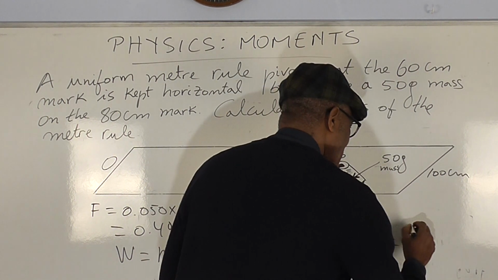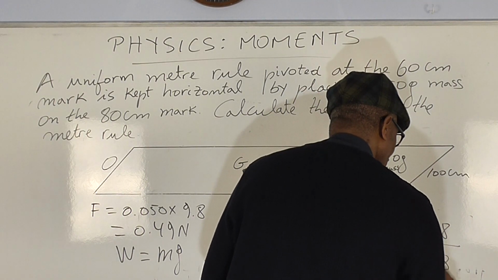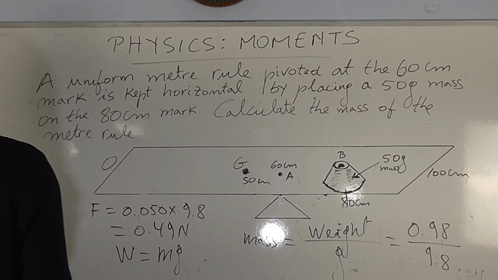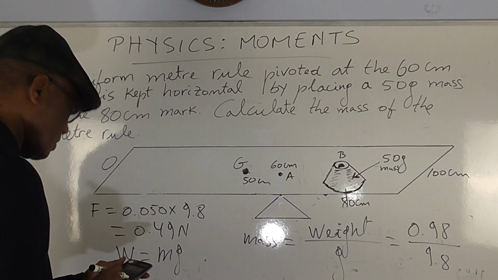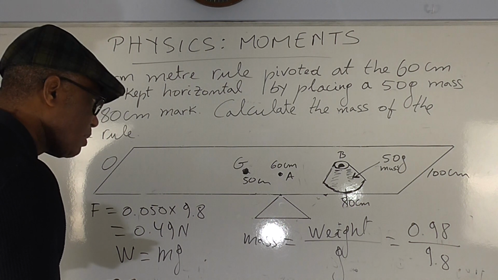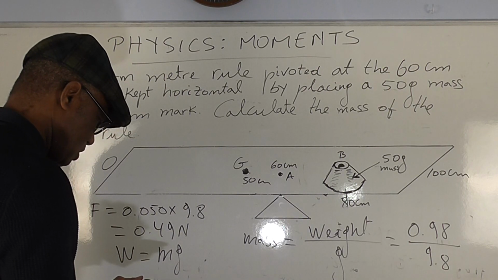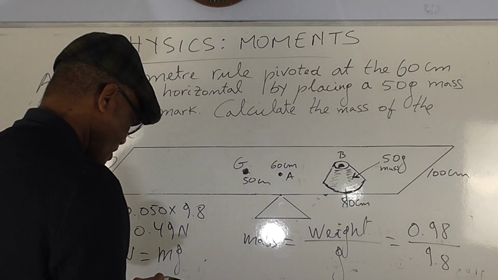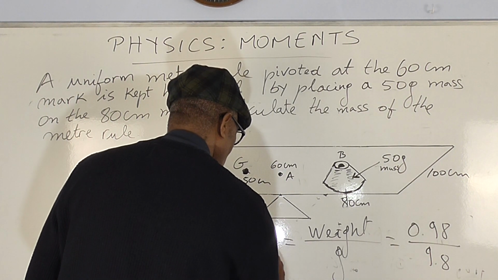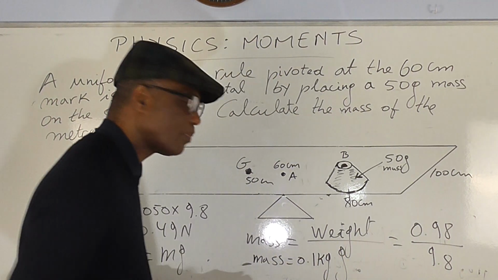That means 0.98 divided by 9.8, which gives 0.1 kilogram.